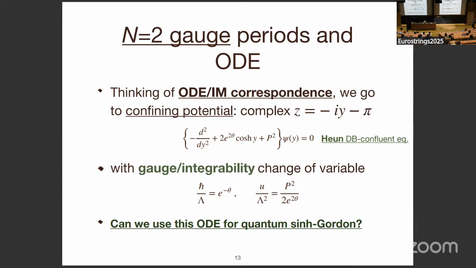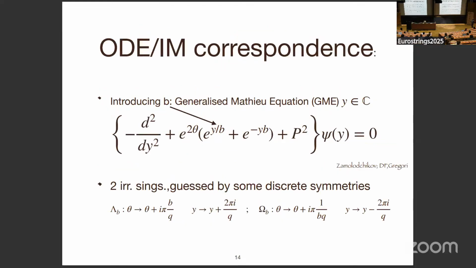Okay, so can we use this to be compared with quantum sine-Gordon? Not directly. You have to introduce, in a suitable way, using some B goes into 1 over B symmetry, the coupling constant. You make it more complicated, and then you can analyze this equation because you have made effective these two symmetries.